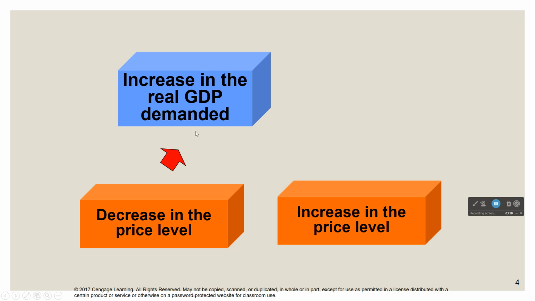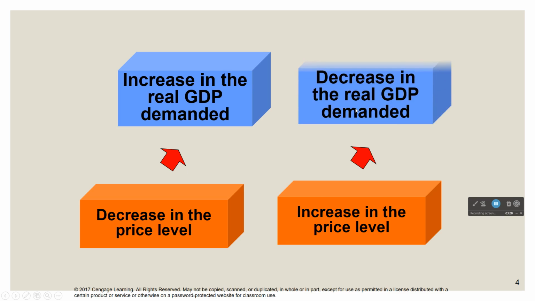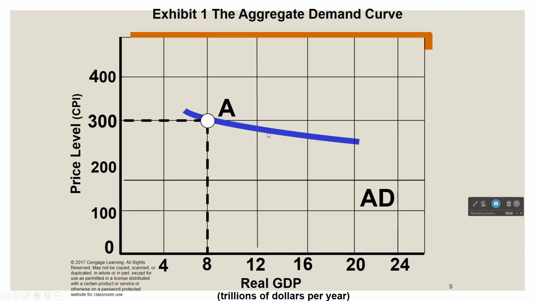So they would want to buy more of our real GDP at lower price levels and less at higher price levels. So this is where we get the downward slope to this aggregate demand curve.